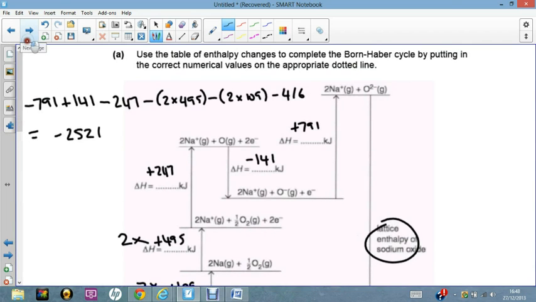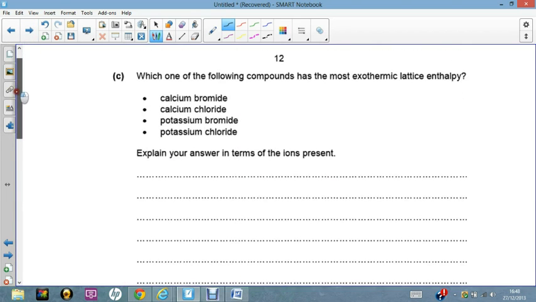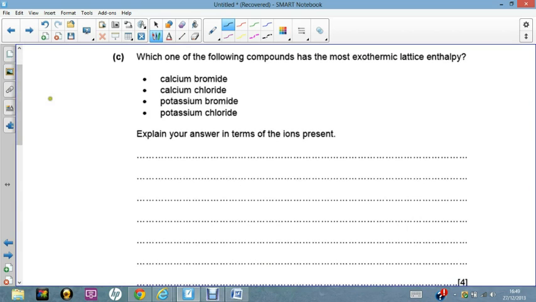Then we're going to move on to part C. So this is our comparison question. We've got 2 metals, so 2 cations to compare and 2 anions to compare. So we'll start with the cations. So we've got Ca2+. Lots of people talking about calcium and not mentioning that it's an ion.